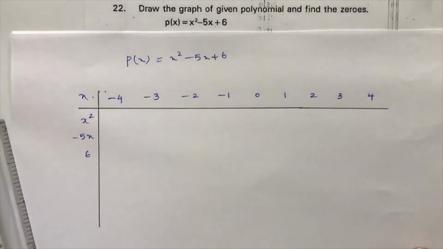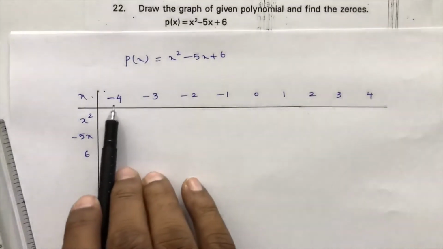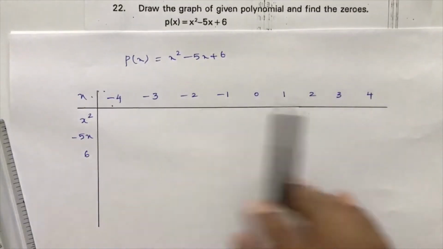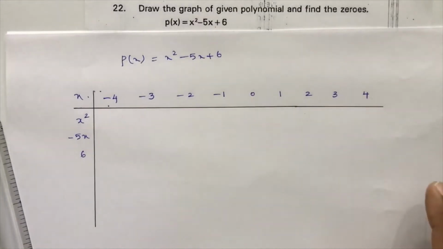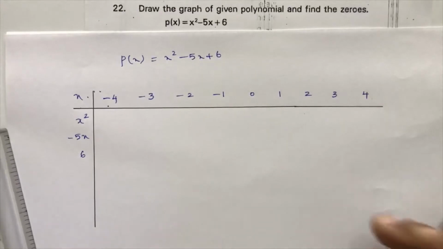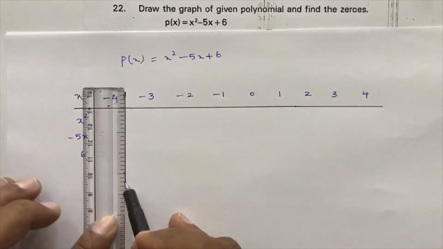Always take these values, because for 99% of graphs you will get the solution from minus 4 to plus 4. If you do not get the values, then you can take minus 5 to 5 at the end. Now find these values.